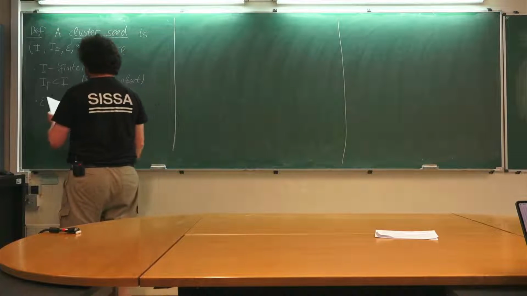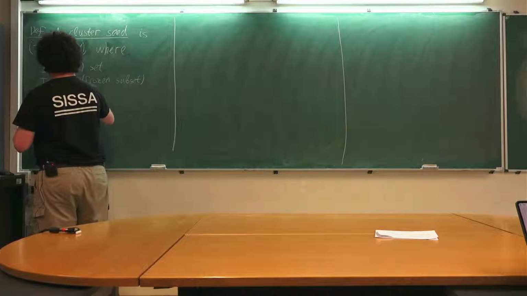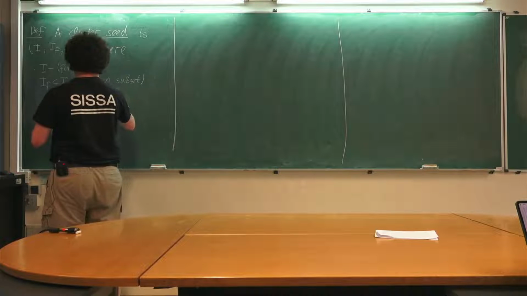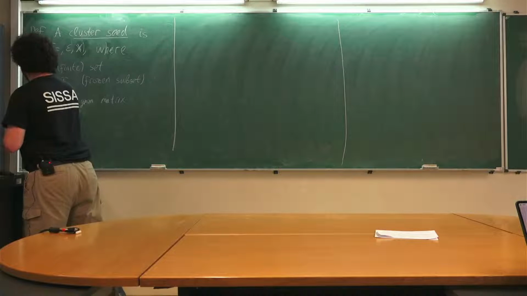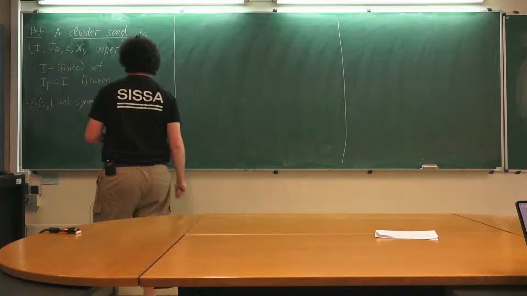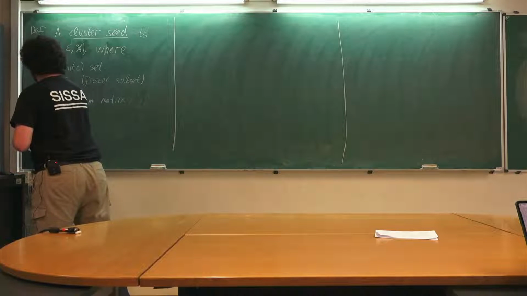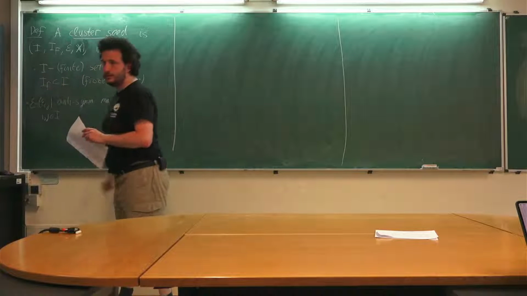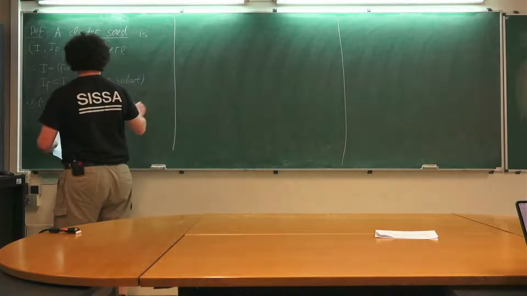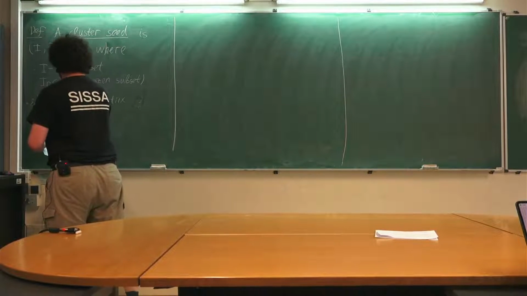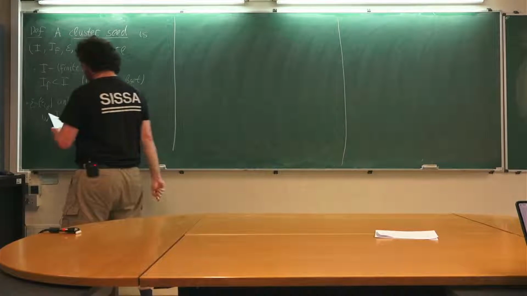Epsilon is an anti-symmetric matrix. Epsilon is equal to epsilon_ij, where the indices i and j belong to the set I. So the set I labels rows and columns of the matrix epsilon, and as I said, it is anti-symmetric, so epsilon_ij plus epsilon_ji is equal to 0.